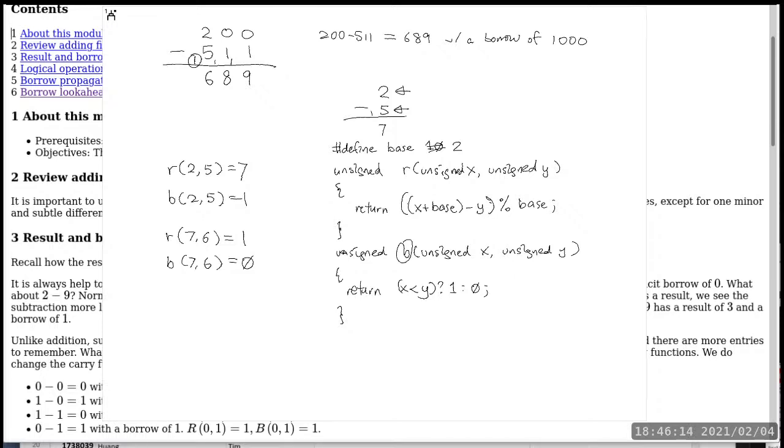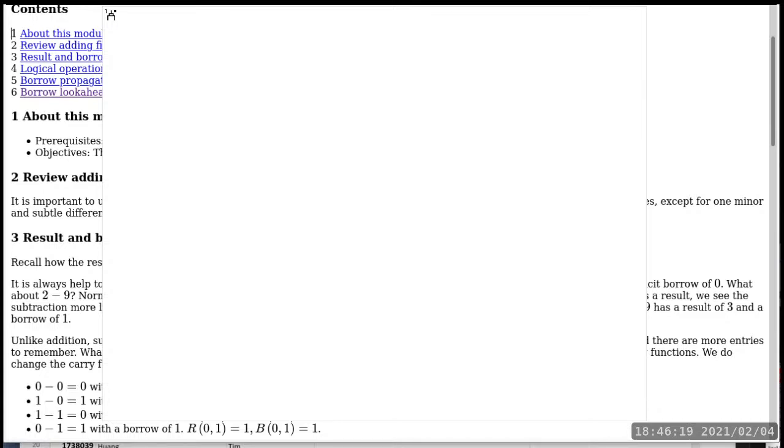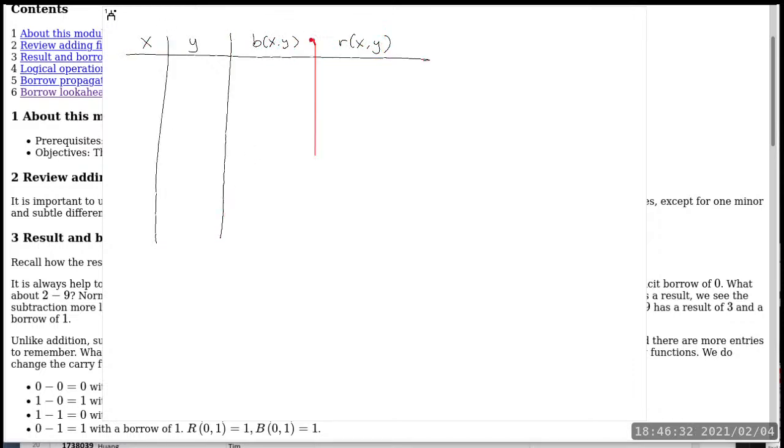So now we look at the ramification. The ramification is very interesting, because if you look at the b function, we have x, we have y, we have b of xy, and then we have r of xy. The base 10 version of this table is really, really long, right?